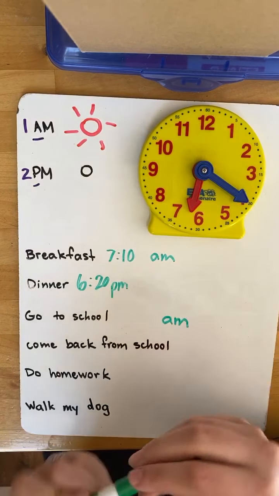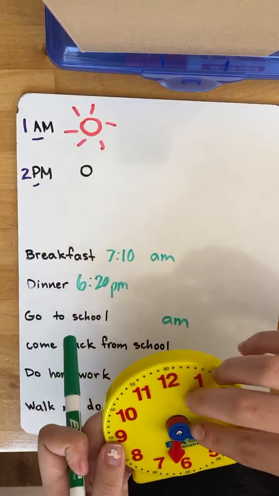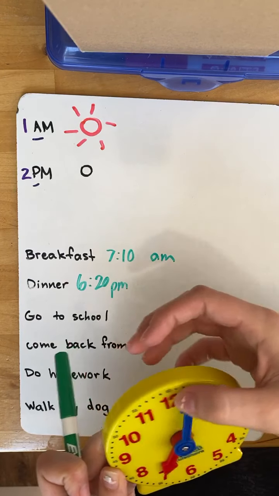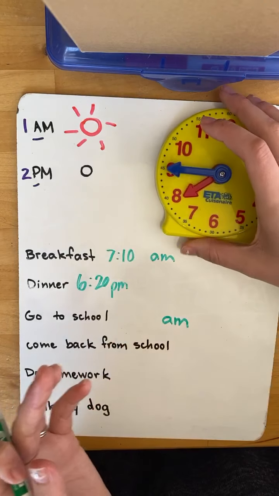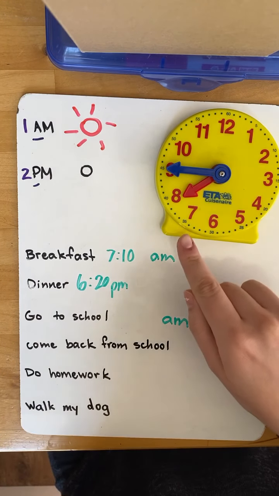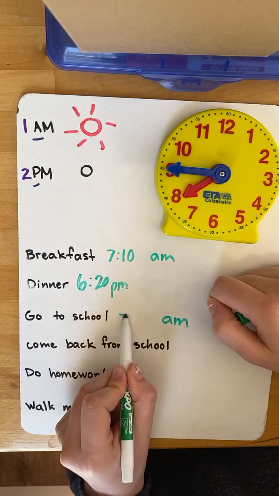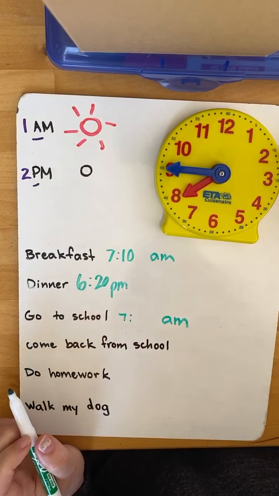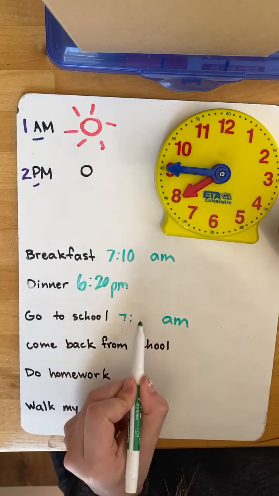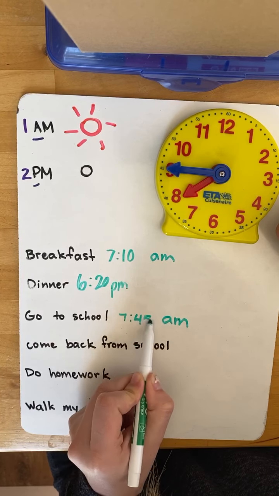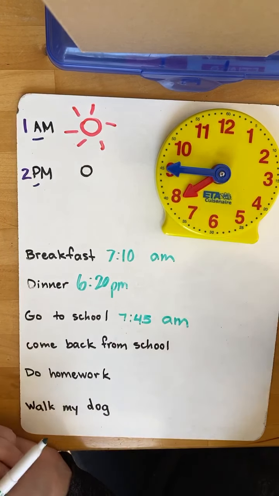I'm going to school at what hour? It's not quite to the 8 yet, so it is 7, 5, 10, 15, 20, 25, 30, 35, 40, 45. 7:45, I go to school, AM.